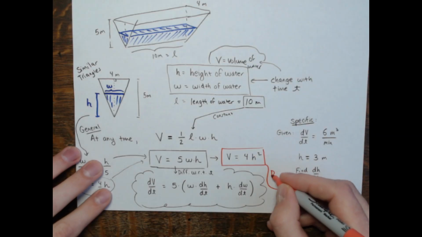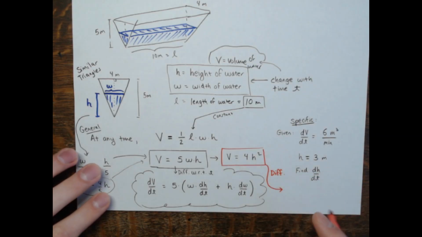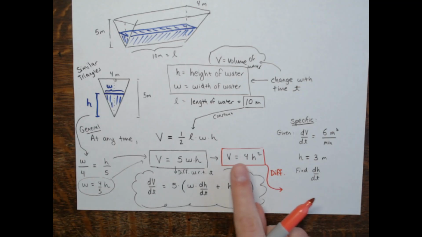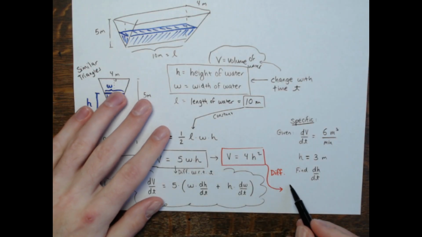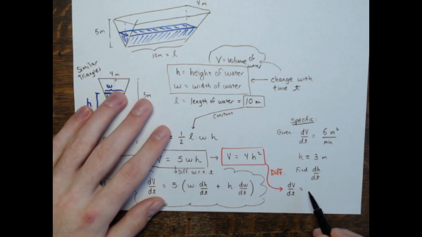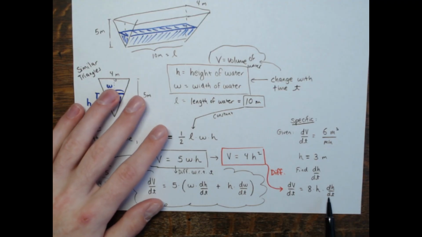instead. So differentiate both sides of this with respect to t. And then you got dV/dt on the left equals 4 times 2h, so 8h times dH/dt, applying the chain rule. And that's enough.